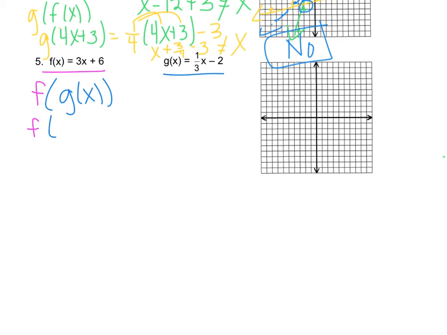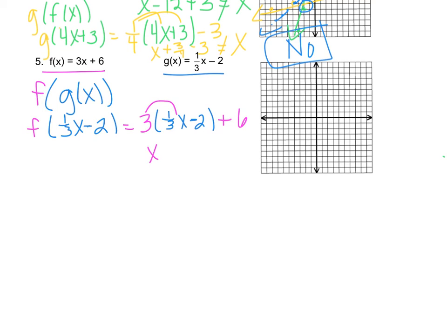So g of x equals 1/3 x minus 2. So I'm going to input that into function f. So I have 3. In place of x, I'm putting 1/3 x minus 2. And then plus 6. So I'm going to distribute.